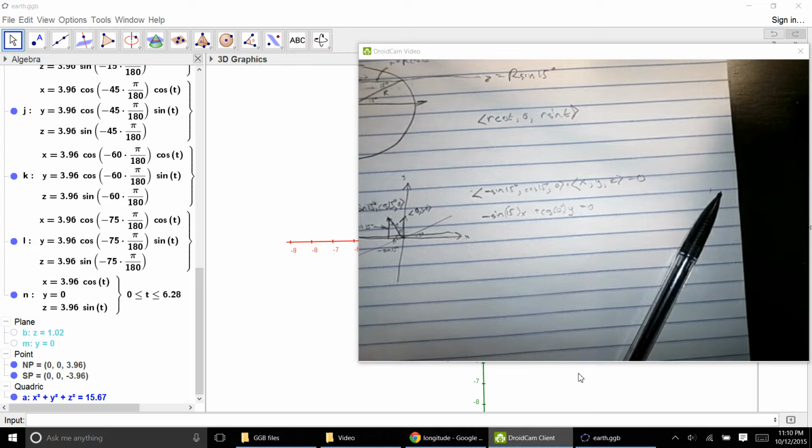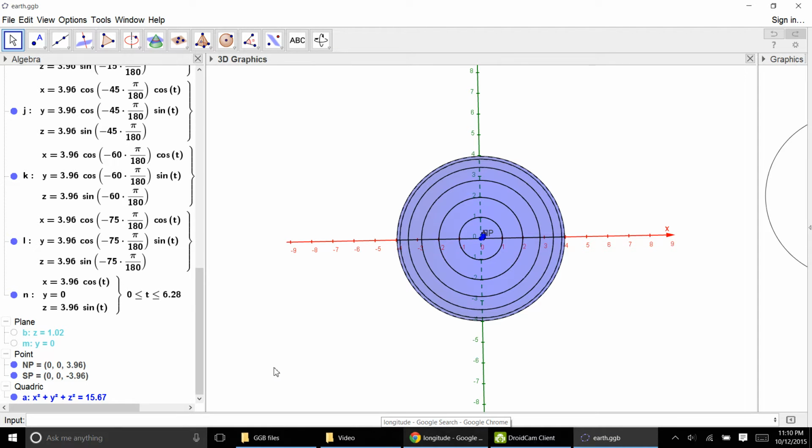That's the plane we want. Now we have to convert to radians: negative sine of 15 pi over 180 times x plus cosine of 15 pi over 180 times y equals 0.